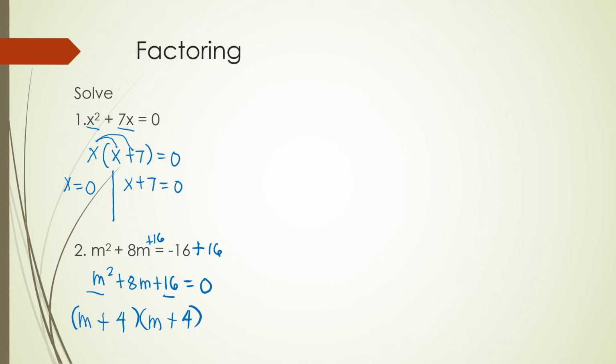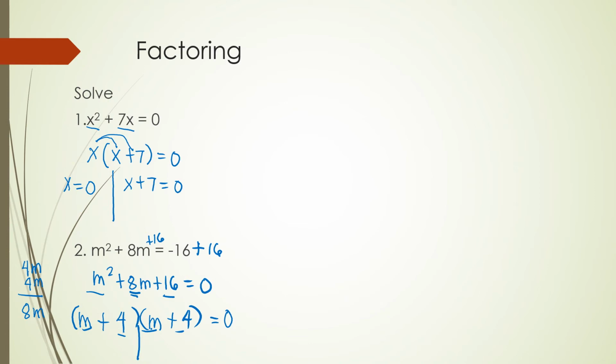And then, to check if your factor is correct, multiply nyo lang si 4 at saka si m. 4 times m, that is 4m. M times 4, that is also 4m. So, kapag in-add natin to, that is 8m, that is our middle term. Okay? Then, equate nyo lang siya by 0. Zero product property, paghiwalay nyo ulit.